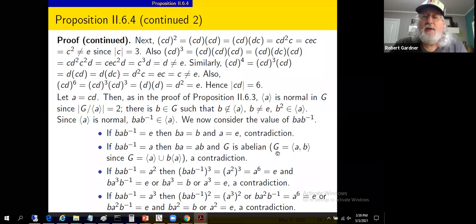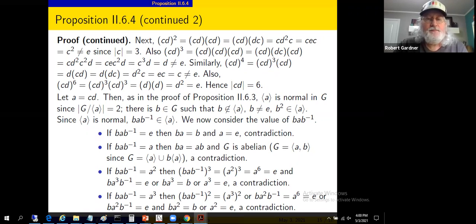We get then G generated by A and B, because if we've got commutativity, we'll have this coset, we'll have the other coset, then every element of G can be written as a power of B times a power of A. Again, details given in that previous proposition. But if we get the A's and B's commuting, then we get everything in group G commuting. So G would be an abelian group. It's not an abelian group. This is a conversation about non-abelian groups.